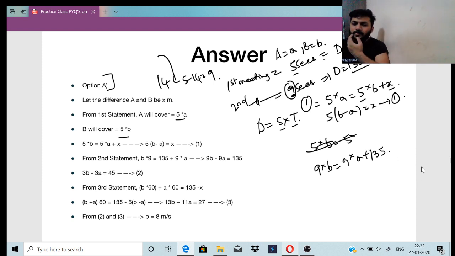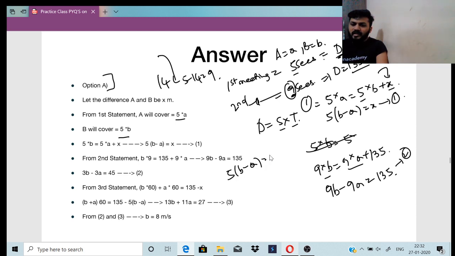So here also you can write 9b minus 9a equals 135. Similarly, what we did here, 5 into a is equal to 5 into b plus x, which is my distance. Here also 9 into b equals 9 into a plus 135. That is the second equation. So both equations are done.